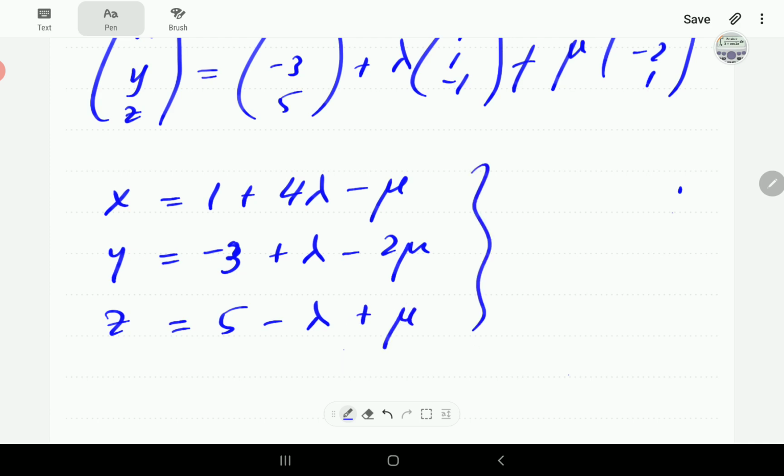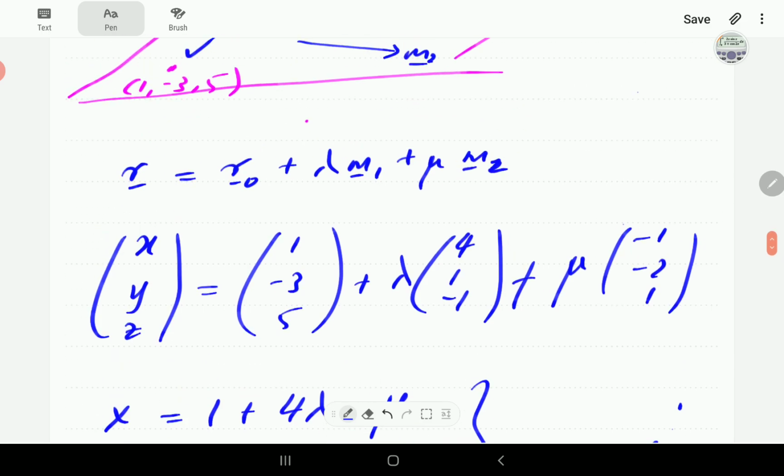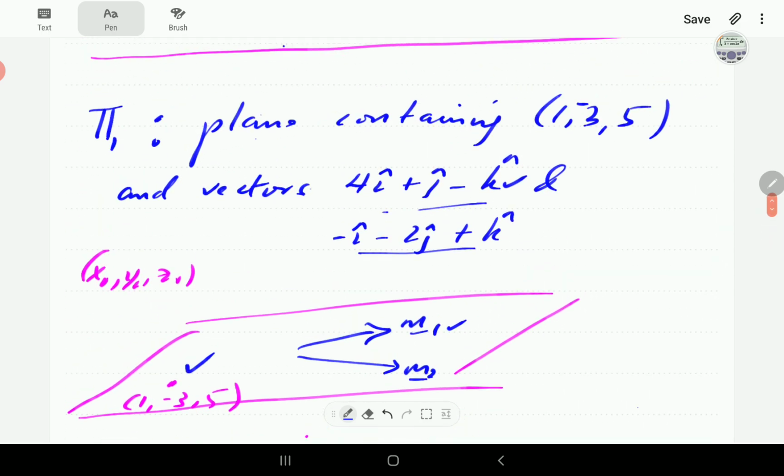So this is going to be our parametric form of the equation of the first plane, pi 1.